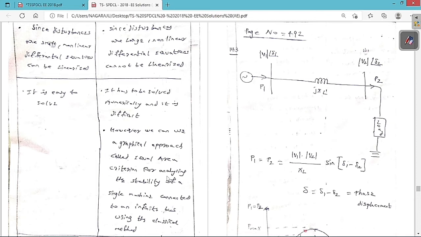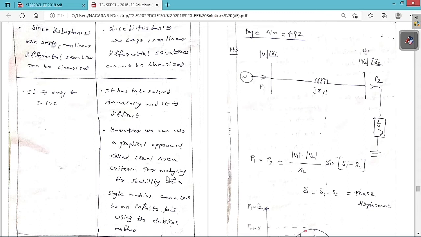That is for transient stability, also called large disturbance stability. These are non-linear differential equations, so they are very hard to solve, and therefore we use the classical graphical method, the equal area criteria.